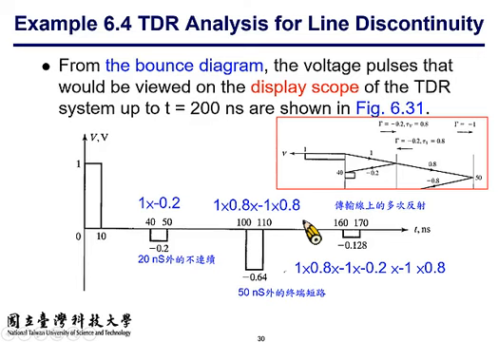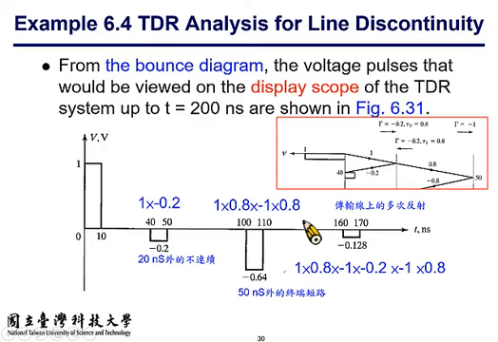Okay, and as you can see here, it takes about 20 milliseconds, because of the 4 meter of transmission line, to reach the first discontinuity. And you have a reflected signal bouncing back. The magnitude shall be 1 times the reflection coefficient at this interface, which is minus 0.2.